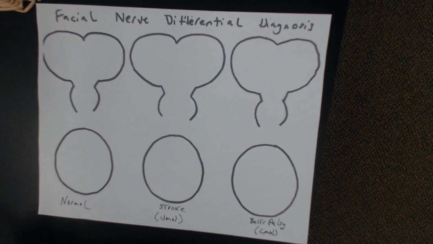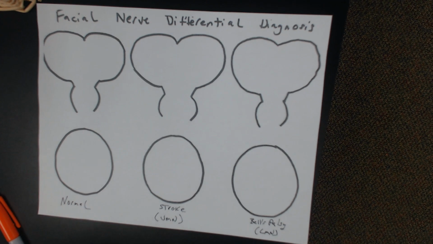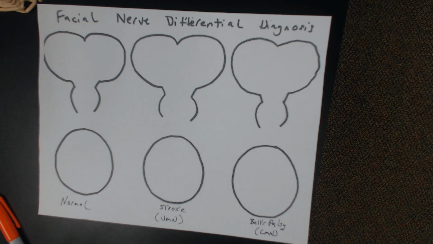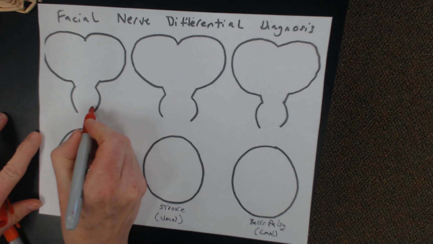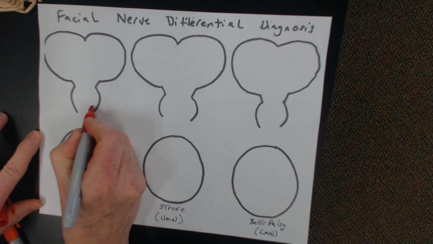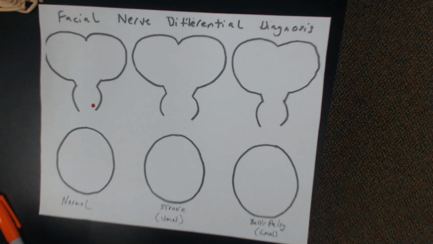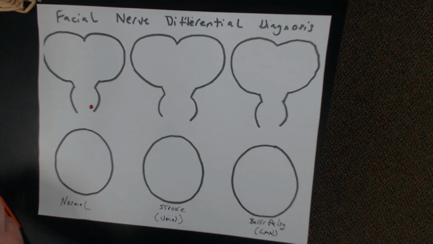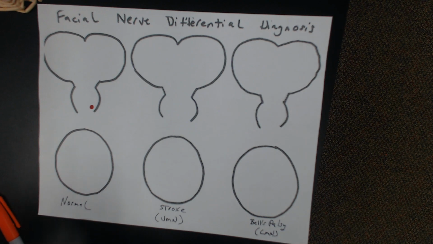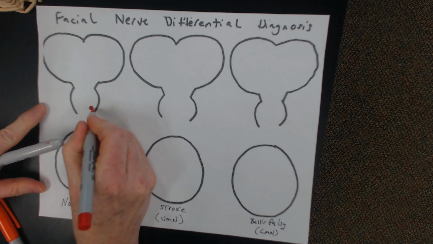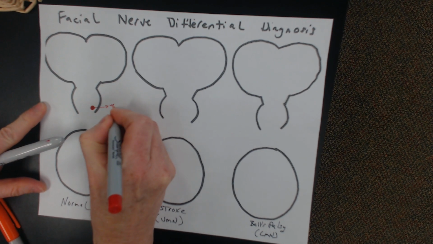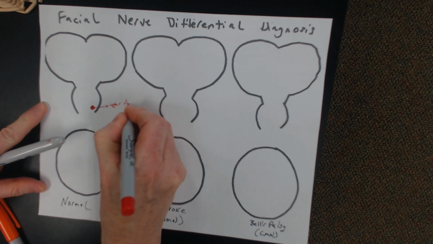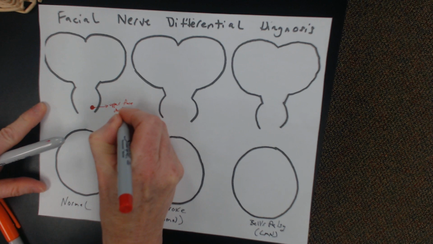So when we think about the facial nerve, we talked previously about the facial nerve has a motor nucleus, cranial nerve number 7, the facial nucleus, and we've talked about it being positioned approximately right here in the pons. Okay, let's just go ahead and say that this is going to be, let's make this the upper face division.